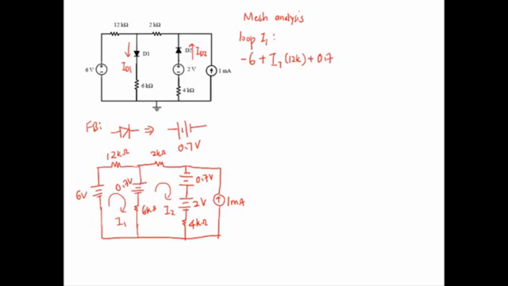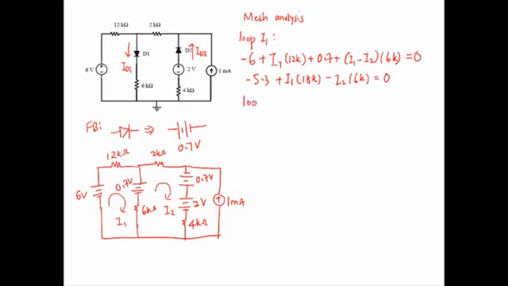Then we have the 6 kilo ohm, where there are two currents, I1 and I2, so plus I1 minus I2 times 6 kilo equals 0. Simplifying, you get minus 5.3 plus I1 18K minus I2 6K equals 0.